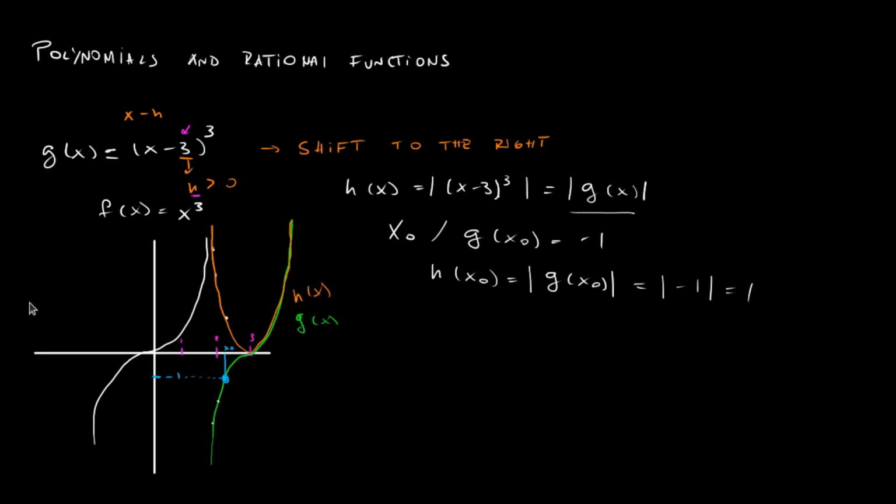Now let's talk about rational functions. A rational function is of the form p of x divided by q of x, where both p and q are polynomials.